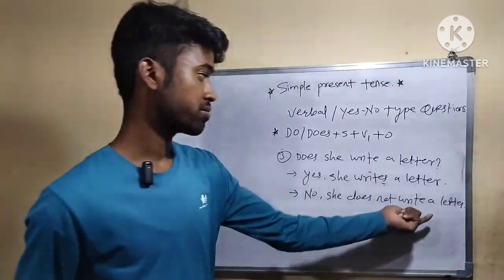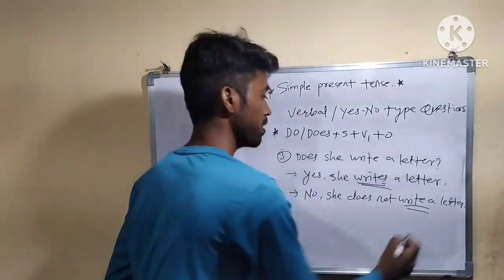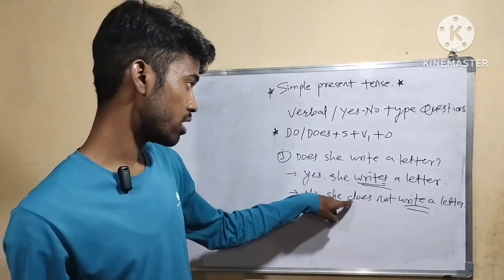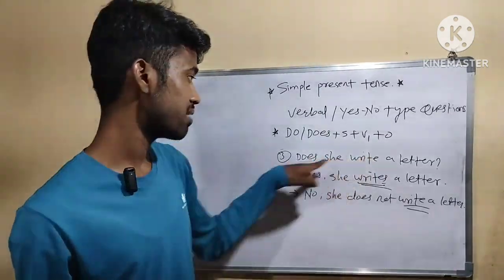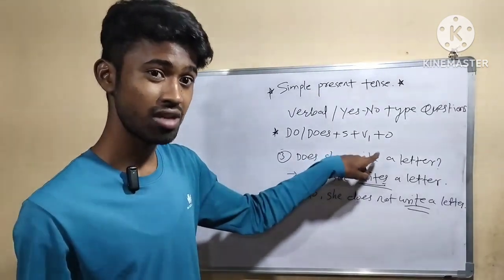Now see here. Here s is not there. Here s is there. Why is s not there here? Because here does is there. Even in the question, see, here it is write. Why write? Because does is here. That is why we are not using s or es.